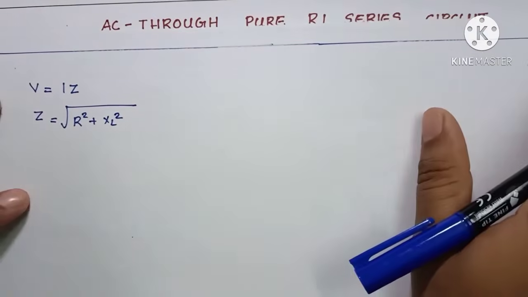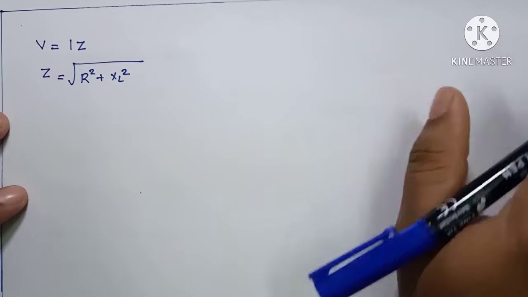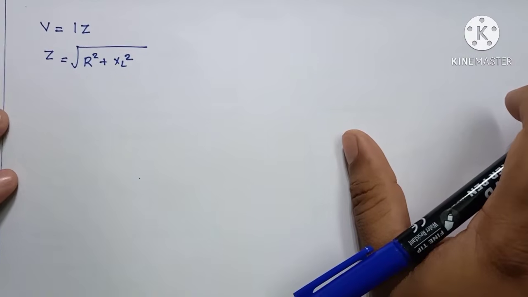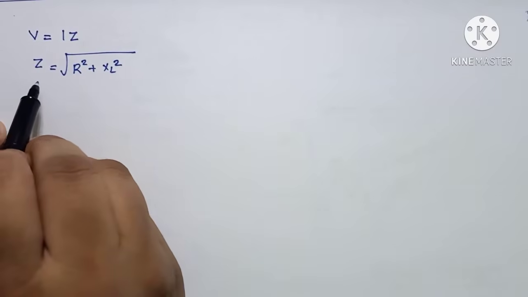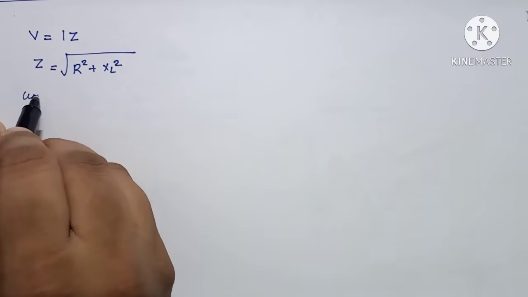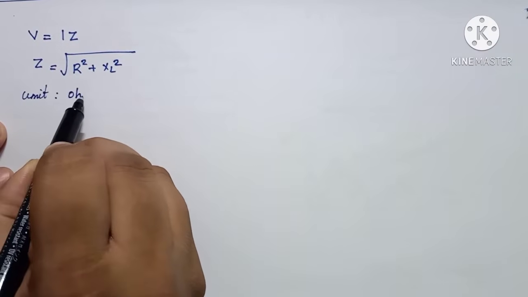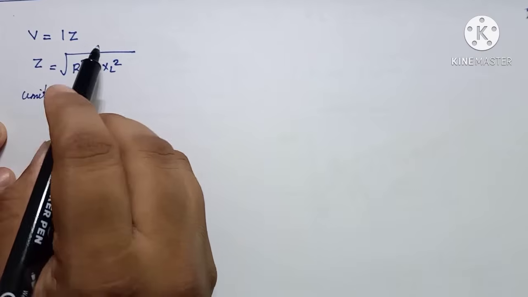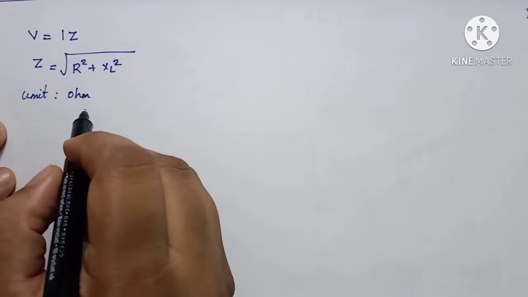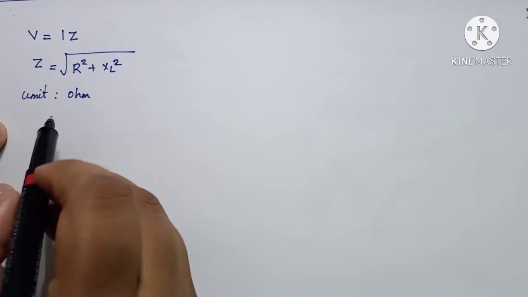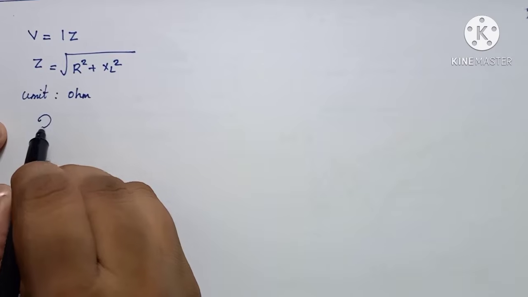I think it is very clear, and based on this I can draw an impedance triangle here. Okay, impedance triangle. The unit of resistance will be ohm, inductive reactance will be ohm, and here the impedance will be ohm. Okay, and based on this I can draw the impedance triangle.